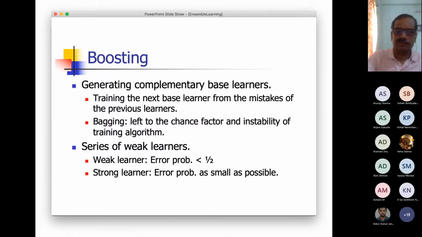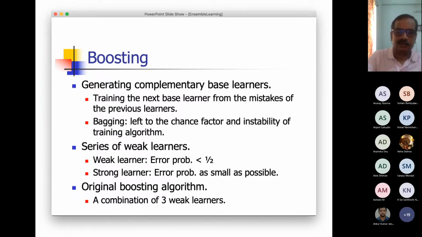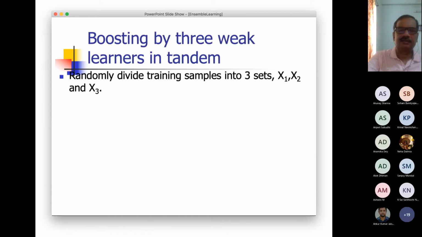So usually it is a set of weak learners combined together that improve the accuracy. This algorithm, which we discussed in the last class, is a combination of 3 weak learners.